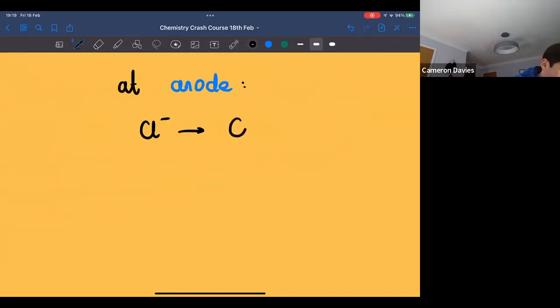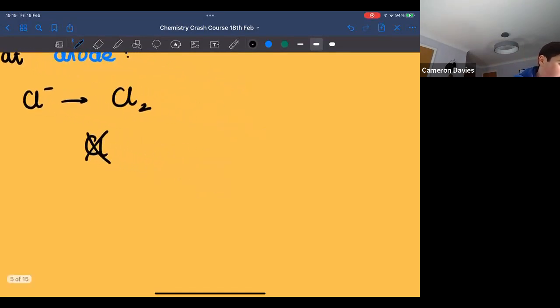Chlorine is a diatomic molecule, which just means that it has 2 atoms. So we call it Cl2. Cl on its own will never exist. And so we produce Cl2, and obviously 1 electron, because chlorine has gained an electron to complete its outer shell.